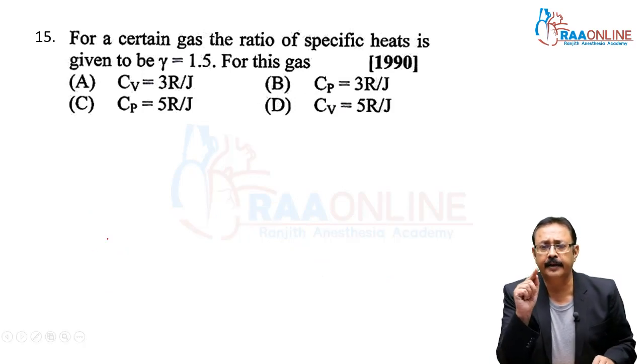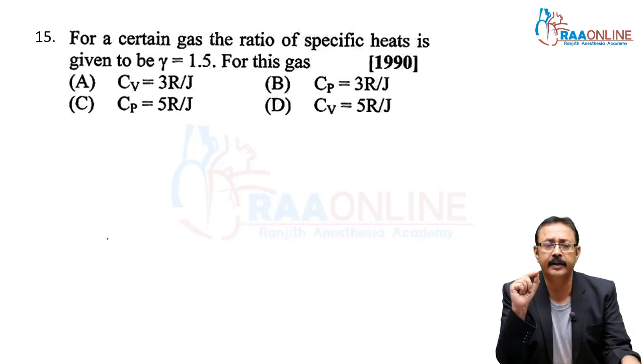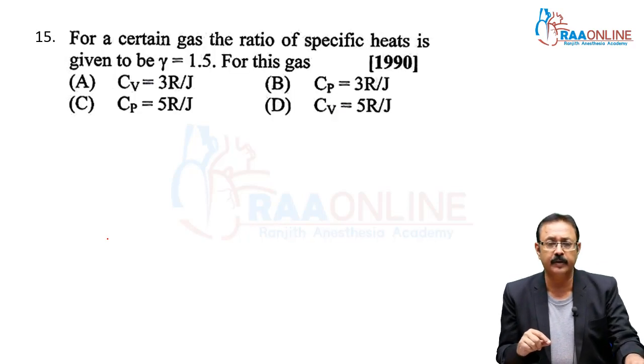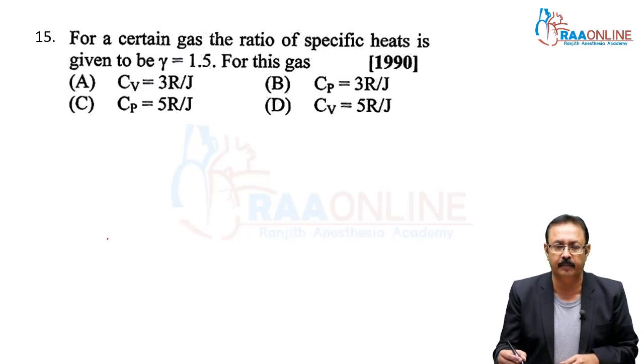Next, for a certain gas, it is from 1990 AIPMT. For a certain gas, the ratio of specific heats is given by gamma equal to 1.5. For this gas, they are asking about Cp and Cv. First see gamma.